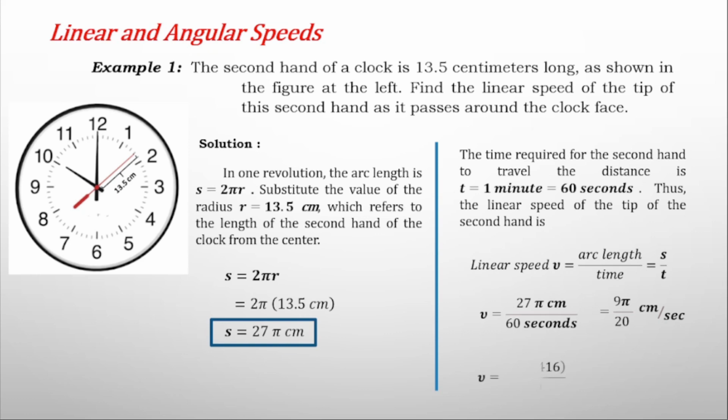And take note that the value of pi, if you are referring to the circumference of the circle, is approximately 3.1416. So we substitute the value of pi, 3.1416. We have 9 times 3.1416 divided by 20, which is 1.41 centimeters per second. So the linear speed of the tip of the second hand is equal to 1.41 centimeters per second.